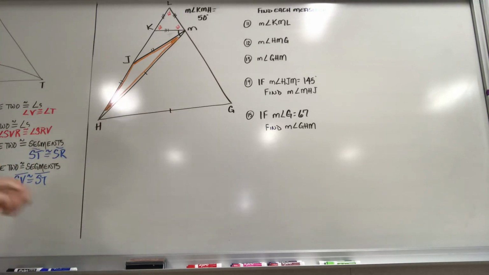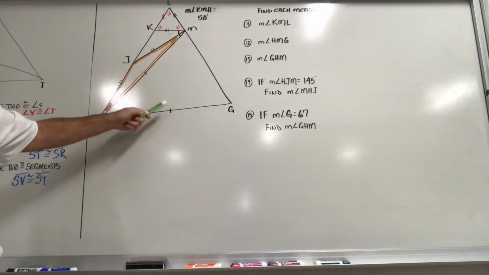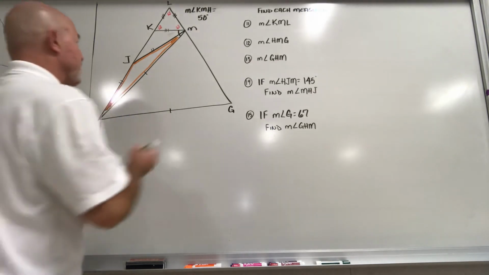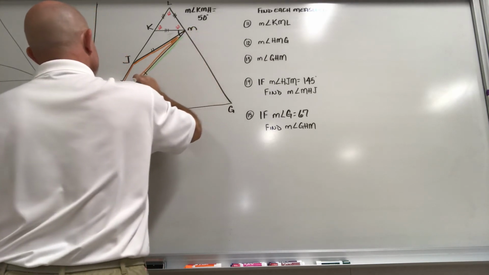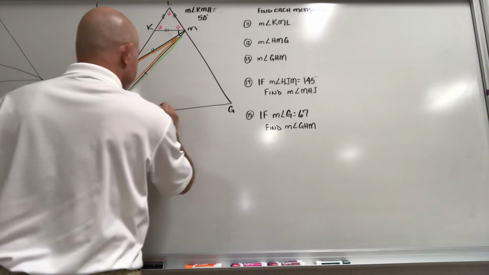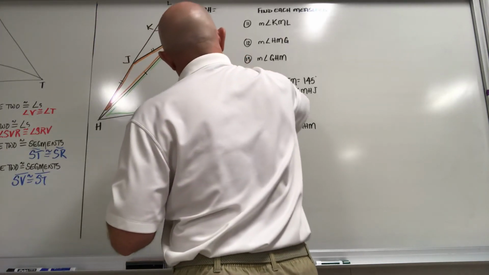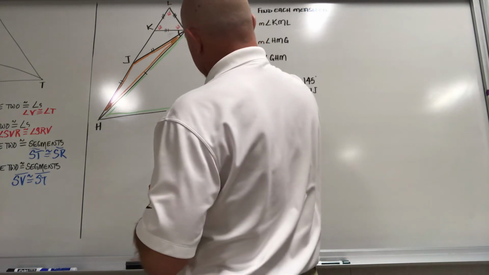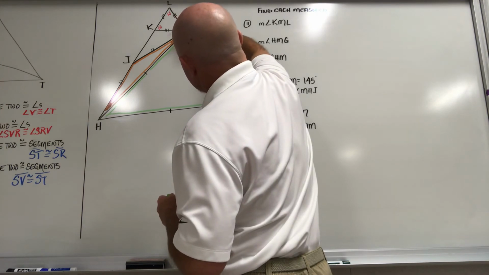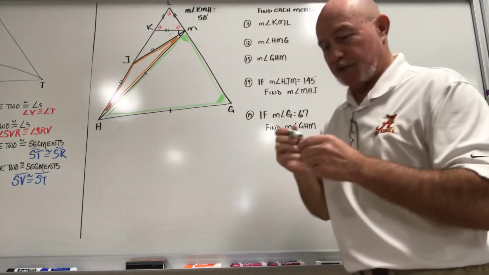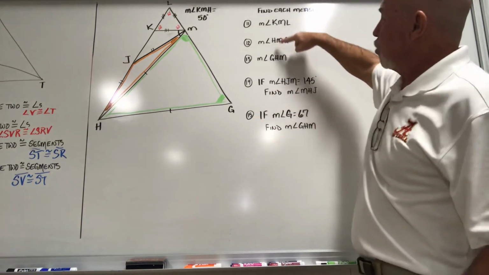And our last one here, one and a one, that means this is an isosceles triangle. And these angles have to be equal to each other. Important to know.